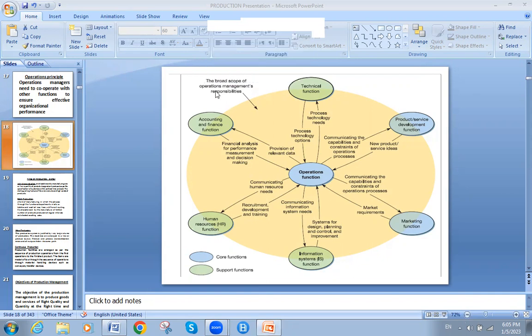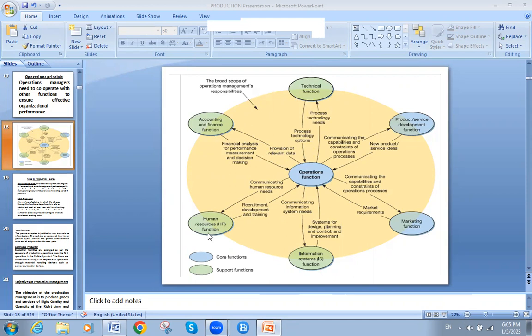So here we have now the board of scope, operation management responsibilities, technical functions, accounting functions, human resource functions, information system functions, marketing functions, product service functions. And operation management is just trying to be complementary with all these departments.